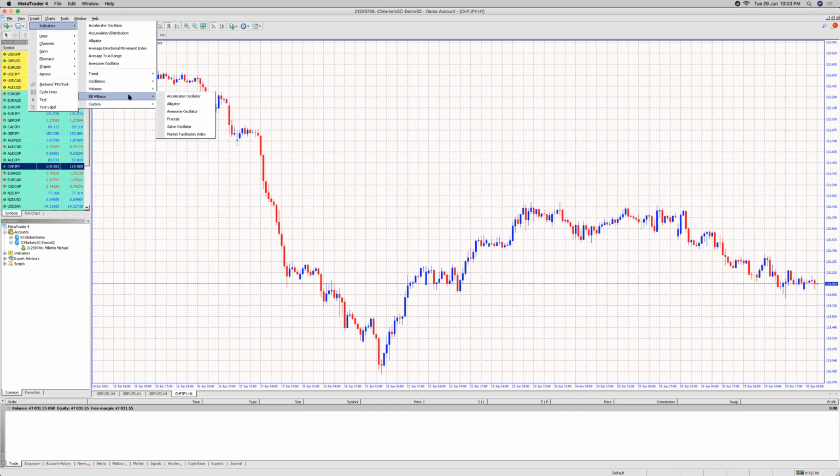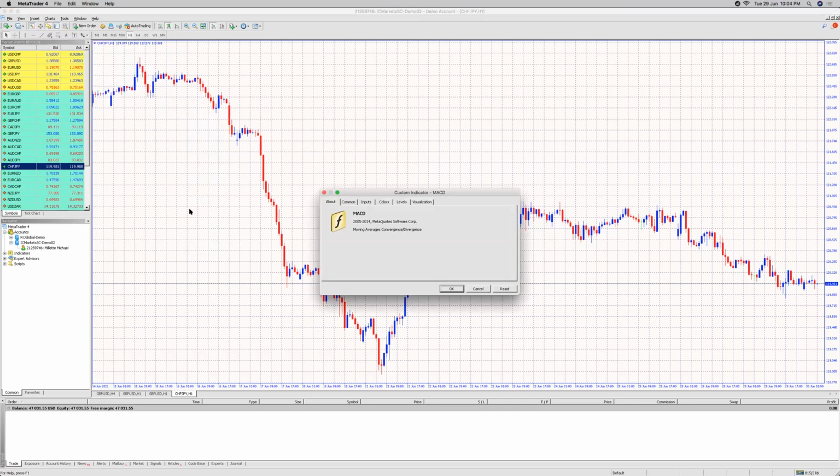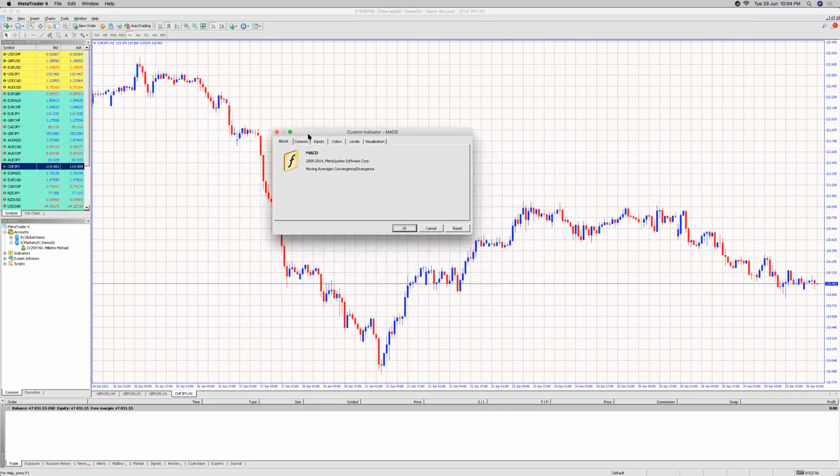That's where it comes here. We have Bill Williams with his alligator and so on, or some oscillator and the other fractal here. All right, under custom, we have MACD. So we have 12, 26 and our signal 9, right?